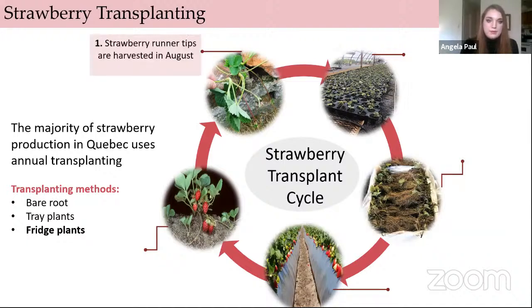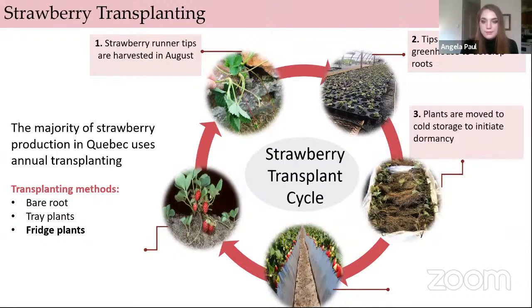It starts with strawberry runner tips from the mother plant, which are harvested in about August by cutting these runners off of the mother plant. They are then grown within the greenhouse to produce roots, and they're given pre-dormancy nitrogen treatment until the temperatures start to cool in about October.